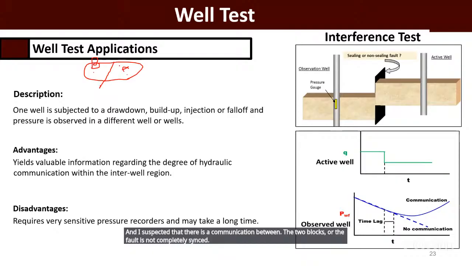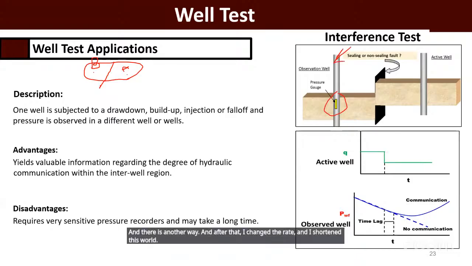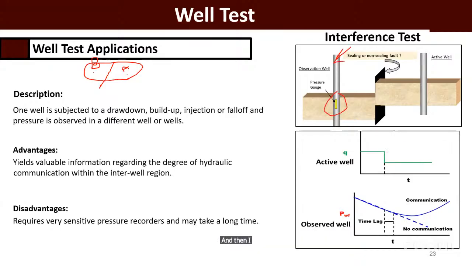So what I do is insert a gauge in one of these two wells, and there is another well. After that, I shut in this well, and then I change the rate in the other well. Consequently, I see if there is communication between the two wells or not.